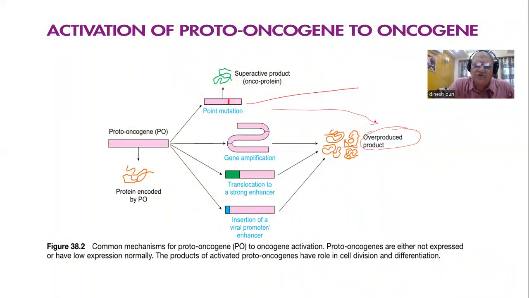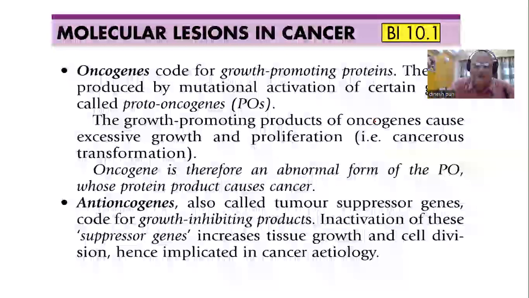Okay. So this slide summarizes everything. And we have taken one clinical example, Burkitt lymphoma. At the conclusion, I will take two more examples just to summarize, to bind everything, thread everything into few words only.